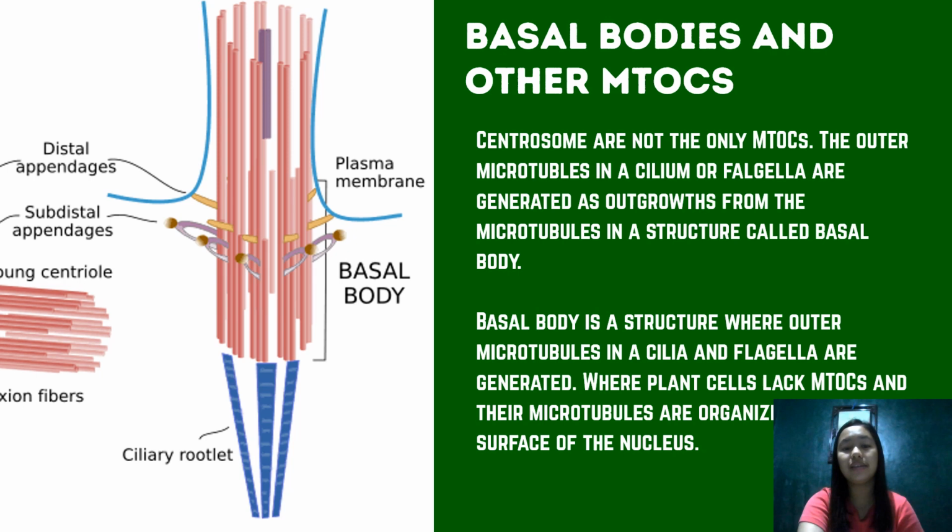Ibig sabihin, wala silang mga centers na nag-organize. Pero tulad nga doon sa sperm cell na ang basal body ng flagellum ng sperm ay nagmumula sa centriole ng meiotic spindle ng spermatocyte. So, pagkayari nun ng fertilization, nagiging centriole ang sperm basal body sa unang mitotic spindle.